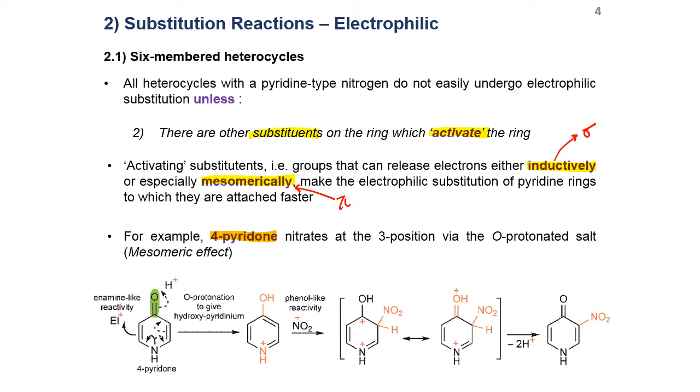if you perform nitration of 4-pyridone, what is going to happen first is that the oxygen gets protonated.